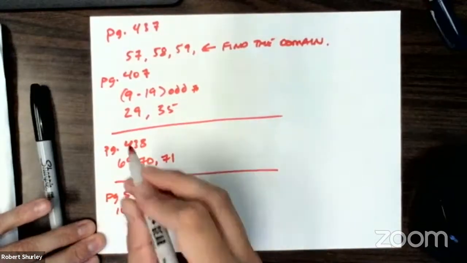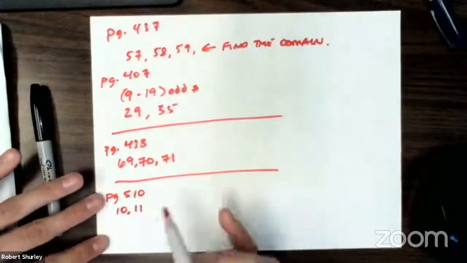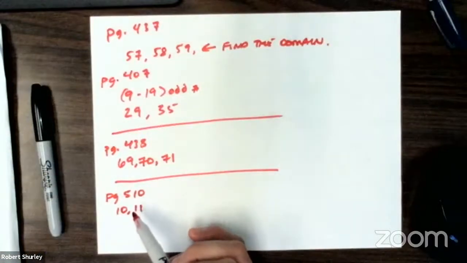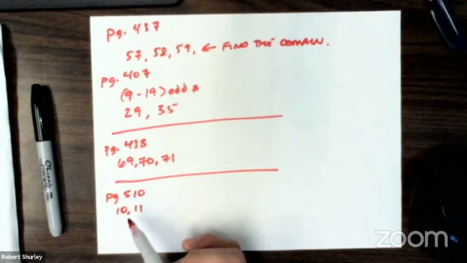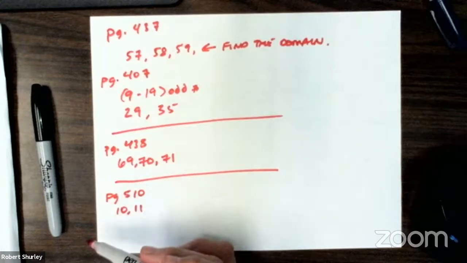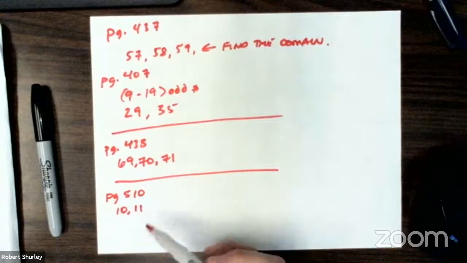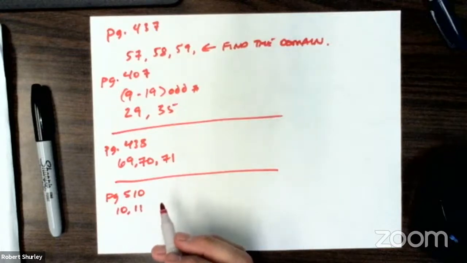This is the review for chapter 4, which of course we've only done 4.1, but 10 and 11 are good examples where they give you two investments and you have to decide which one does better. That's a good one. And then we go into 4.1. There wasn't a lot of homework in 4.1, if I remember correctly.